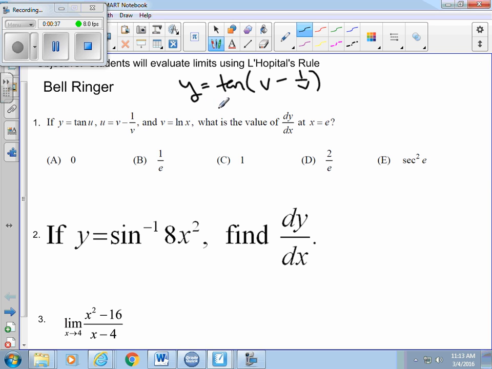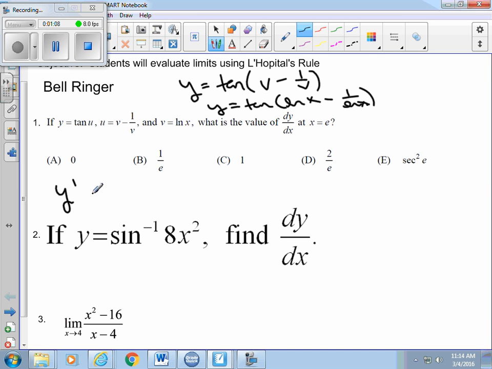V is natural log, so you have tangent of natural log of x minus 1 over natural log of x, and you can take the derivative that way. It is a chain rule with a quotient rule inside a chain rule. Now, the other option is to do it more symbolically, and I want to show you that.